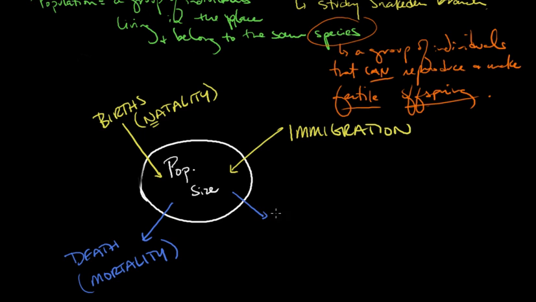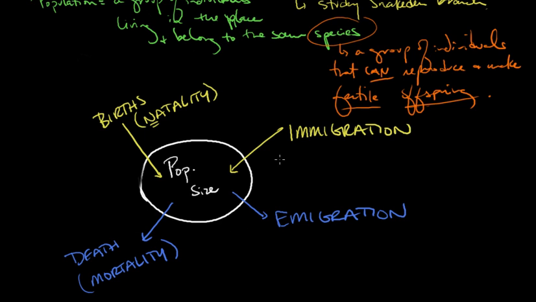And we've got emigration. So you know the word migration, which means to move. An immigrant is someone who moves into a new place. We often don't use the word emigrant, but that just means to reduce in the population, or to leave the population. So these are the four factors, and you should understand how they play with each other.